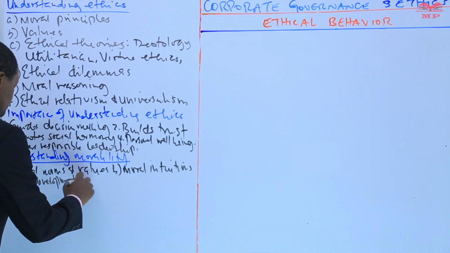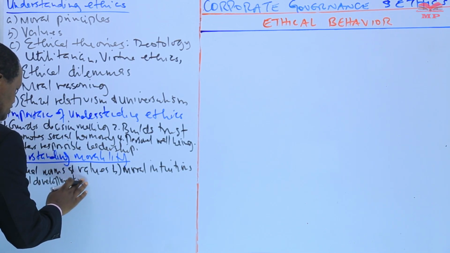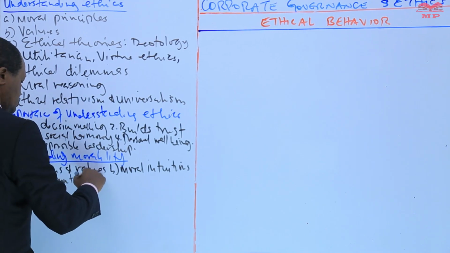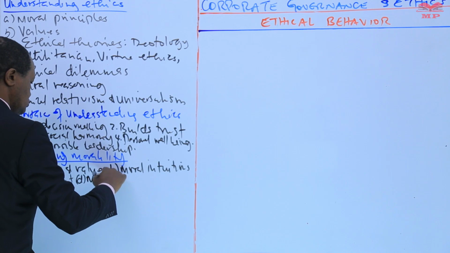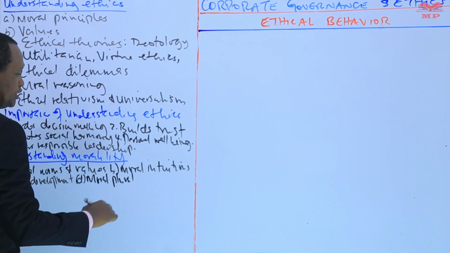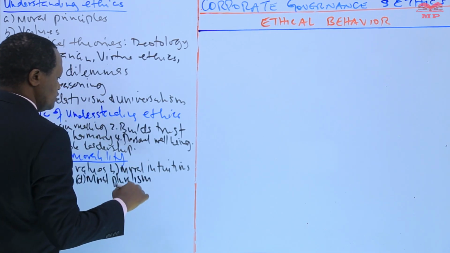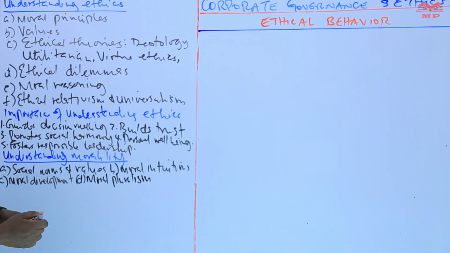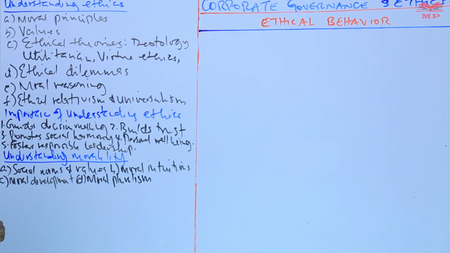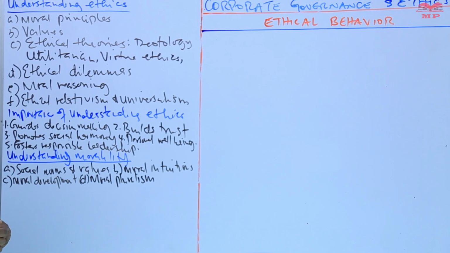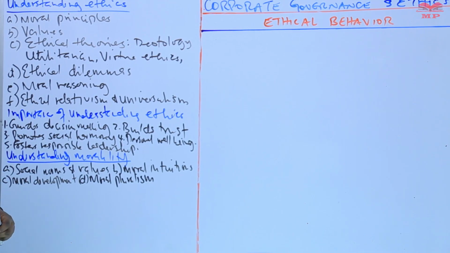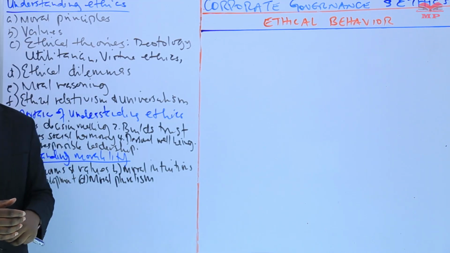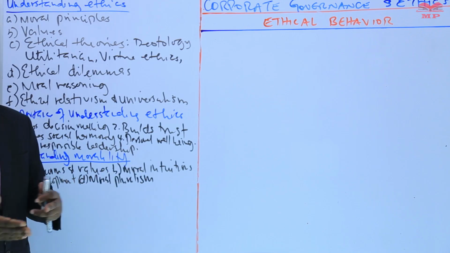Four, or let me continue with the alphabets. D, moral pluralism. Moral pluralism is yet another aspect of understanding morality. Moral pluralism recognizes that there are diverse and sometimes conflicting moral values and beliefs across different cultures and societies.